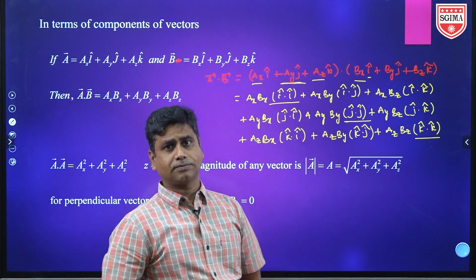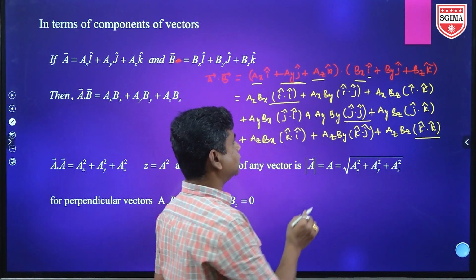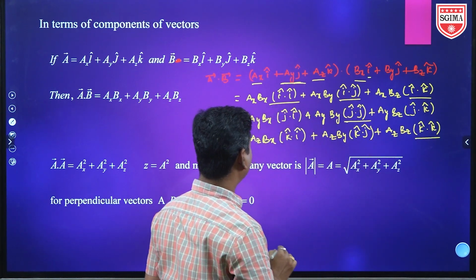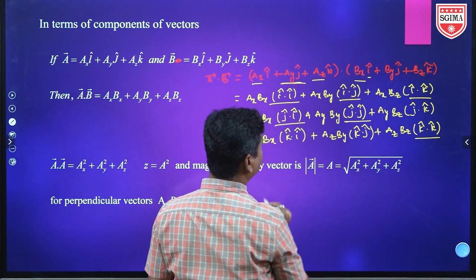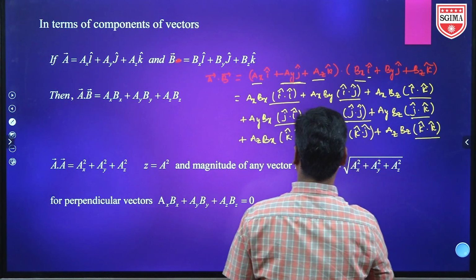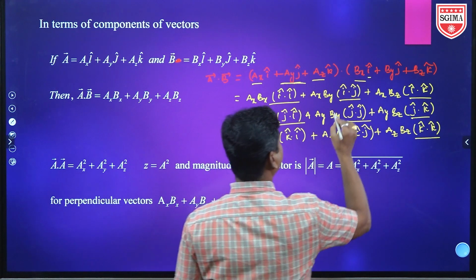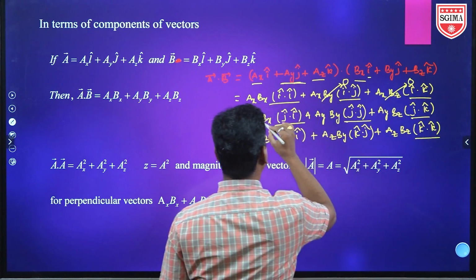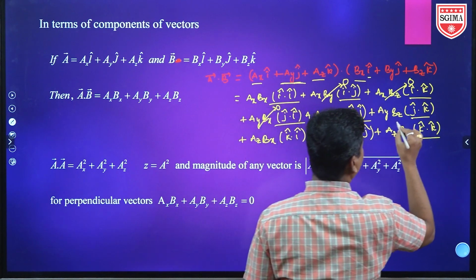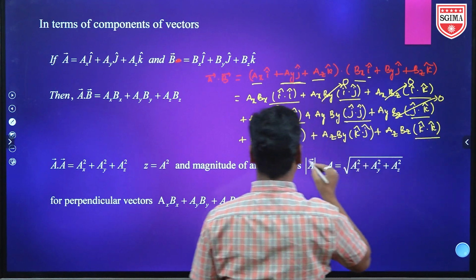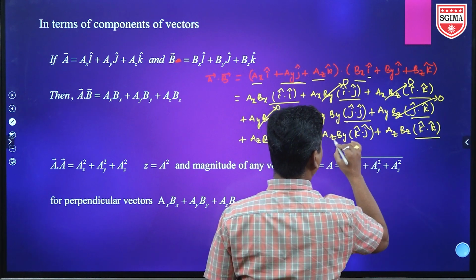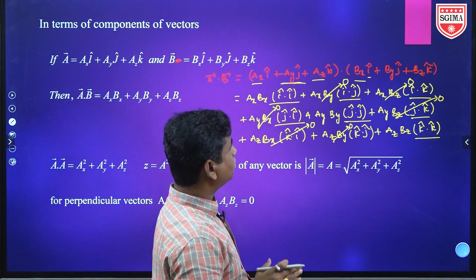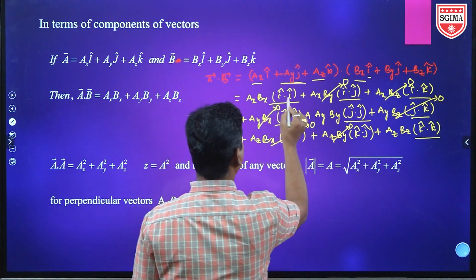Except these 3 terms, the remaining 6 terms, if you observe, i dot j, i dot k, are orthogonal unit vectors, and j dot i, j dot k, k dot i, k dot j as well. So these terms are 0, this term also 0, this term also 0, and this term also 0, because the dot product of orthogonal unit vectors equals 0. The remaining i dot i is 1.